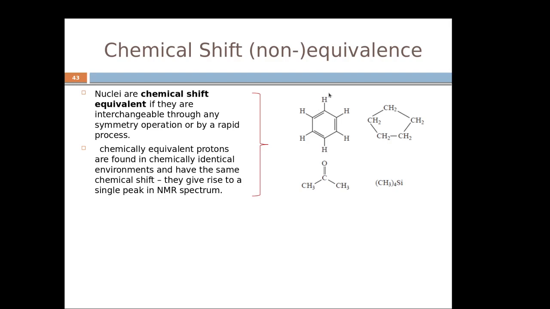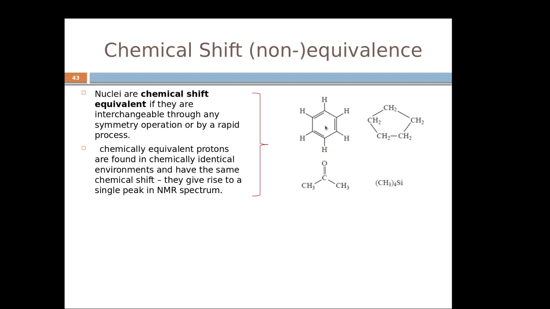For example, a C3 rotation would shift this proton to this position and this proton to this position. Similarly, if you combine two adjacent protons, a C6 rotation operation would shift this proton to this position, but this will be shifted towards this position.